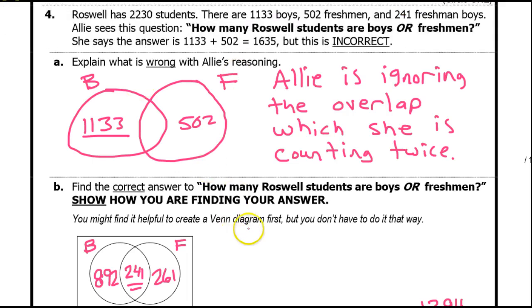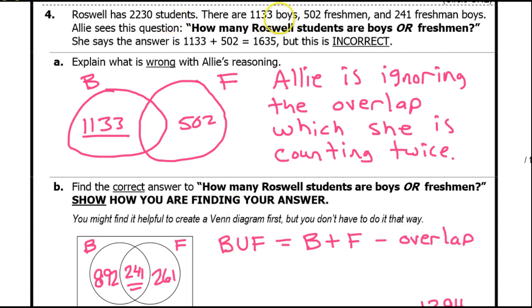So we could have said, all right, if we wanted to find how many students are boys or freshmen, so boys or freshmen should equal boys plus freshmen minus the overlap.